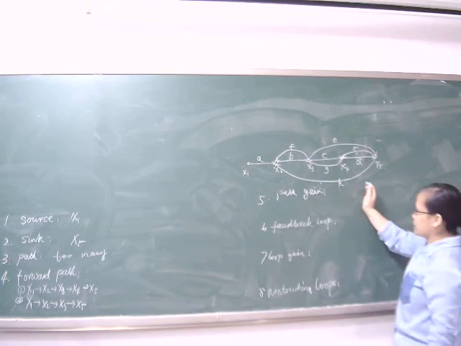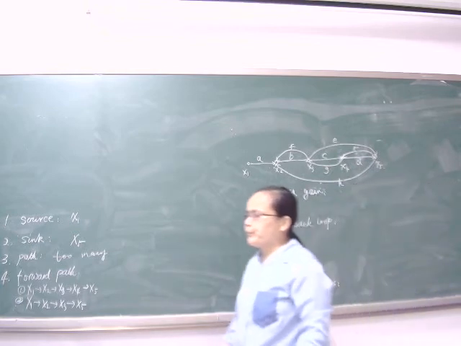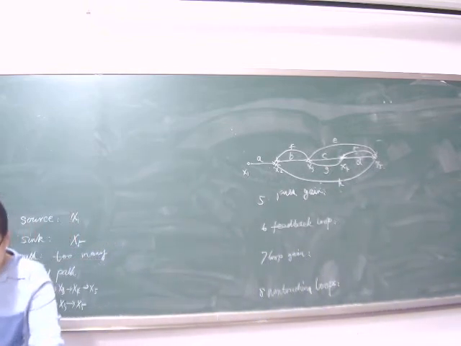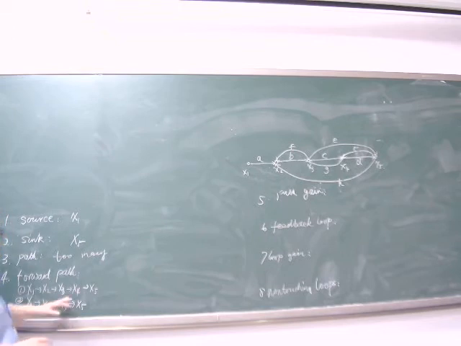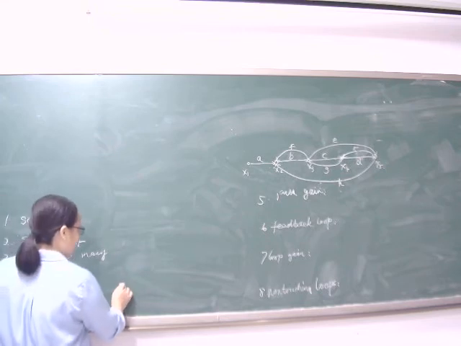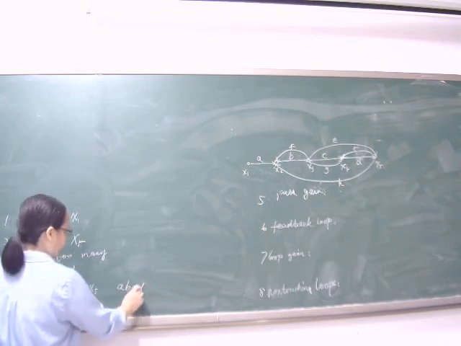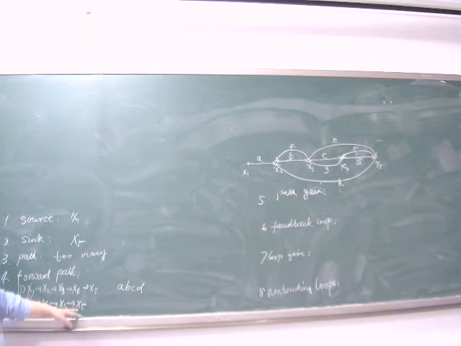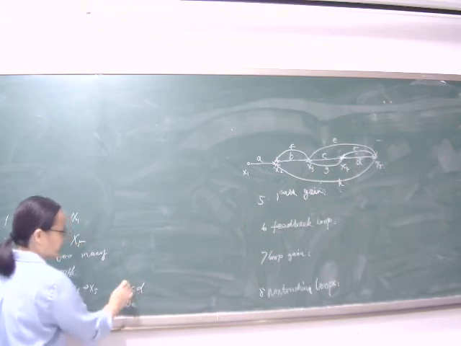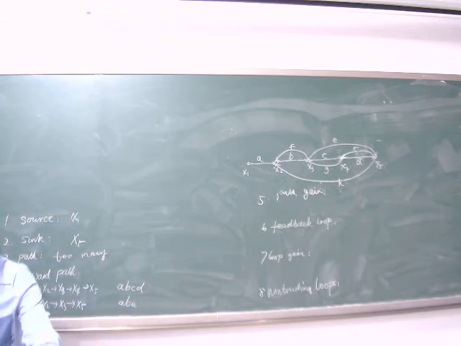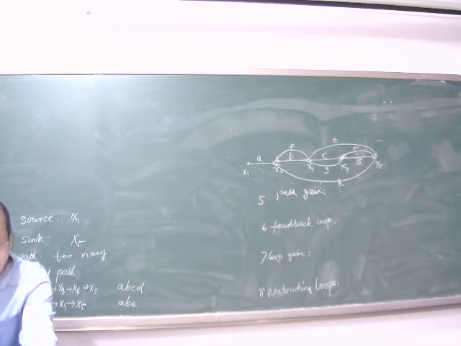Now this is the forward path gain. This X1, X2, X4, X5 game is ABCD. And X1, X2, X3, X5 is ABE. This is the forward path gain.